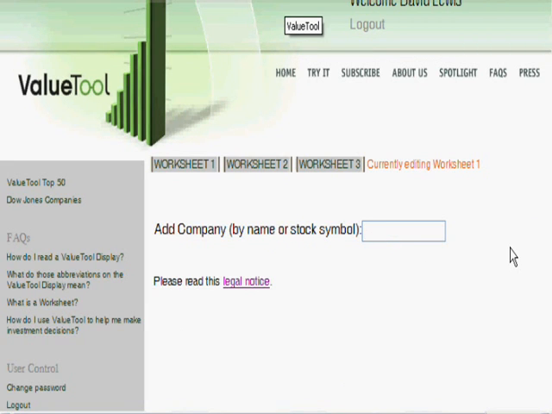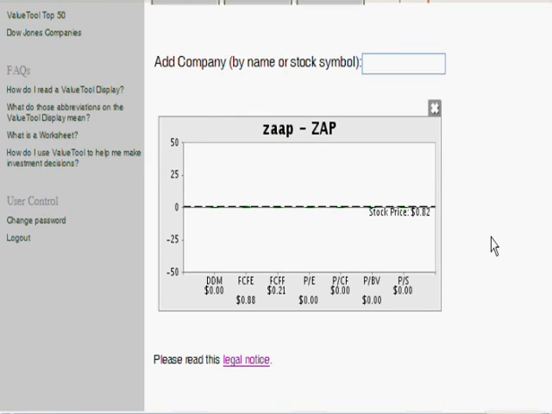So we go to ValueTool. We enter the stock symbol, and we take a look at the valuation. We can see the stock price here. It's 82 cents. And we have a graph here that will show a valuation. Zero means that the valuation is zero.